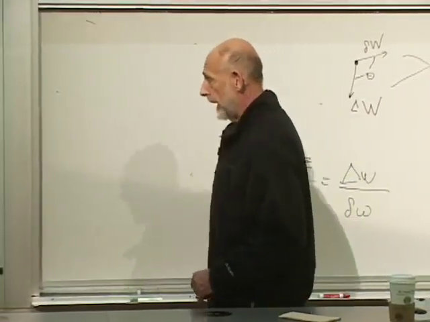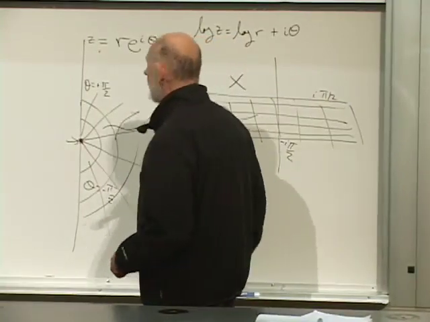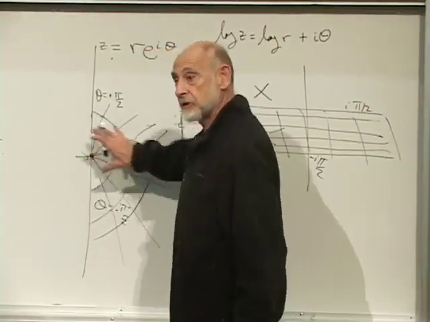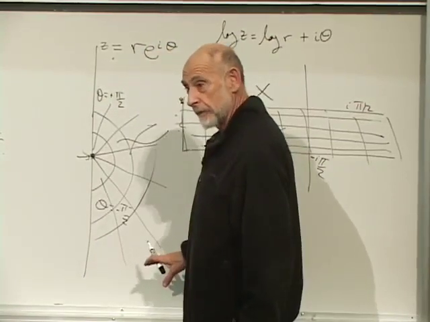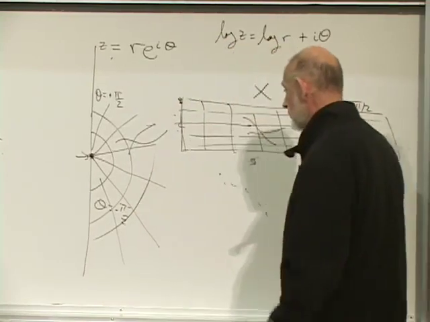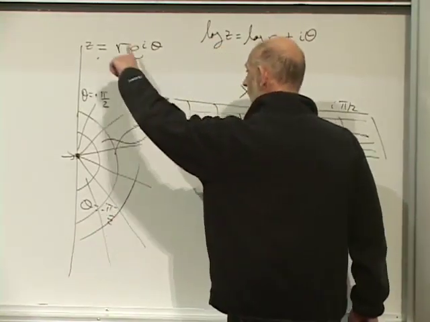Oh, before I do that, let me tell you what happens if you map the whole plane by the same transformation. If you map the whole plane with the same transformation, the angle goes from minus pi over 2 to what?